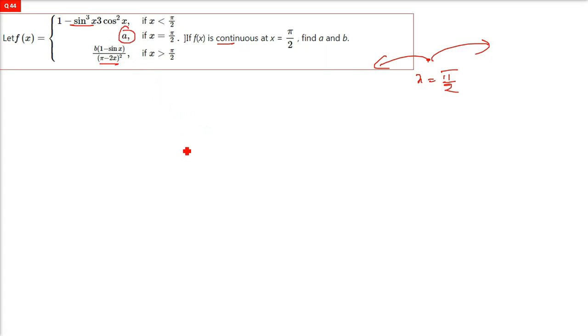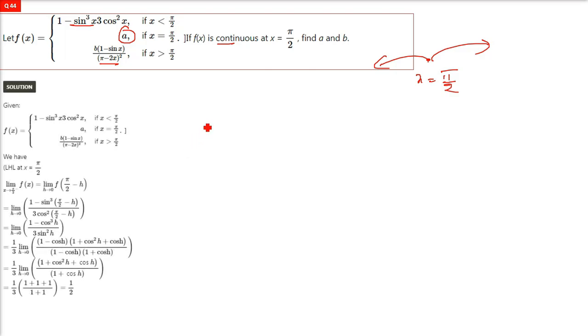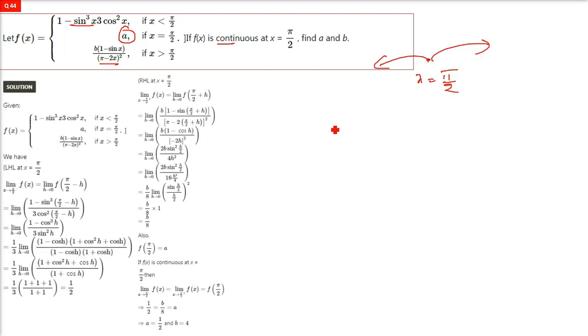Since both the functions are given, and a when it is equal to pi by 2, we'll do one by one. We have limited space to write. For the left hand limit, x equals pi by 2 minus h we have to write.